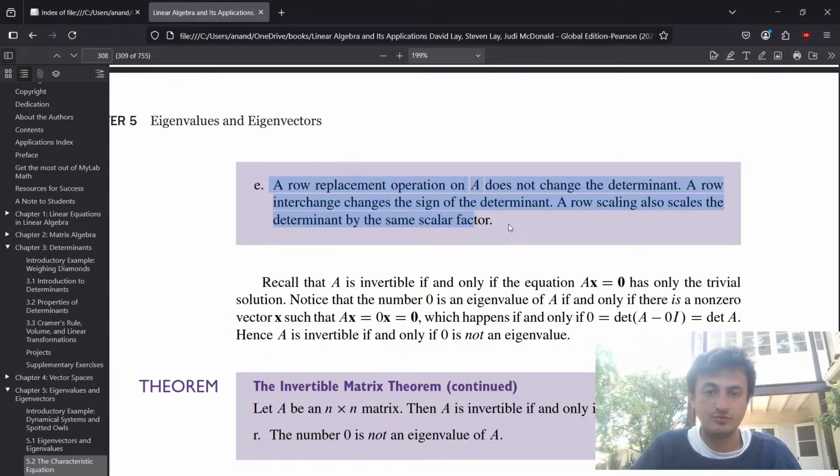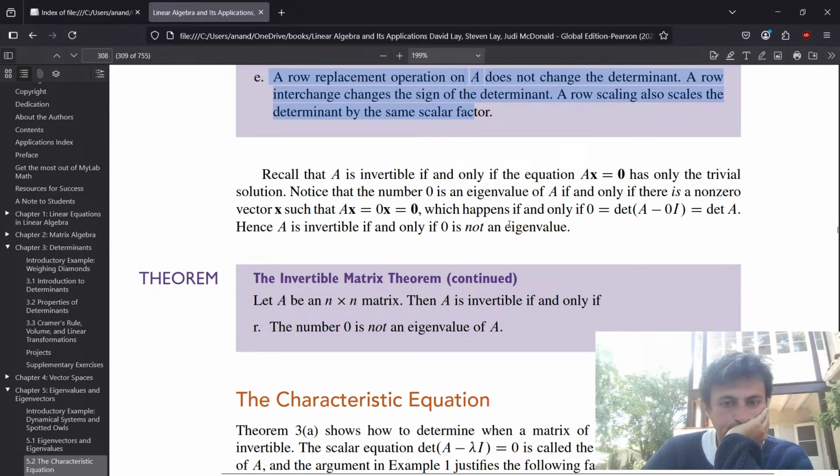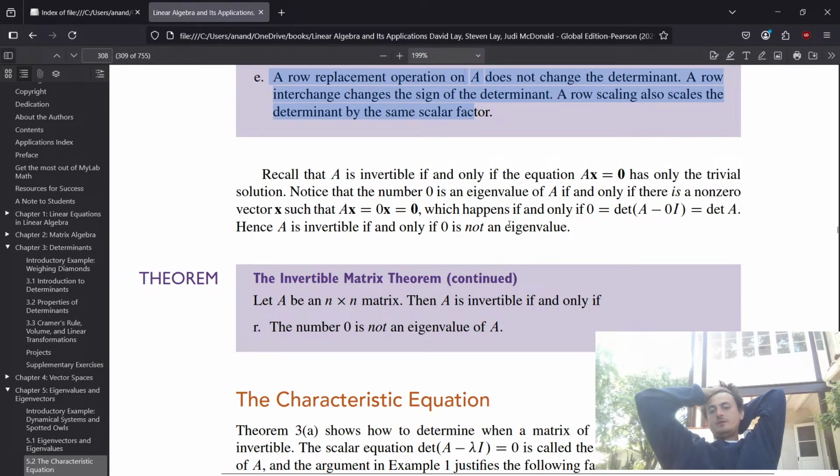And if you do a row replacement, it doesn't do anything. Right. Yeah, this is a good one actually.